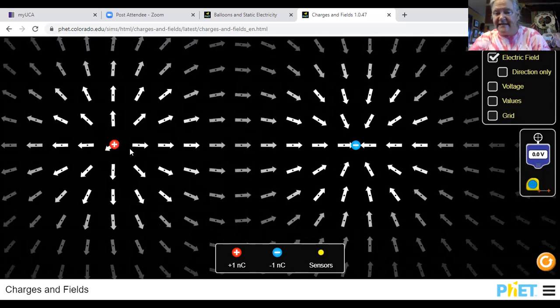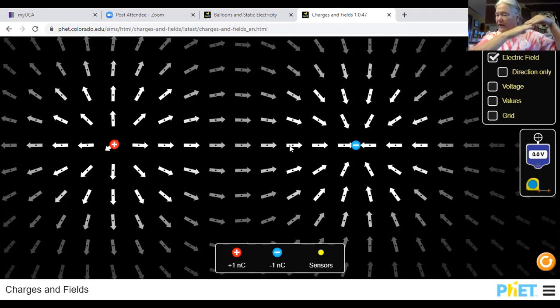So what happens is, since the field from this positive charge here points to the right, and the field from this negative charge in here also points to the right, they actually link up. They're pointing in the same direction, so they add together. And then this is what causes that attractive force between opposite charges. It's because their field lines link up like this, and it's trying to draw those two charges together. Okay?